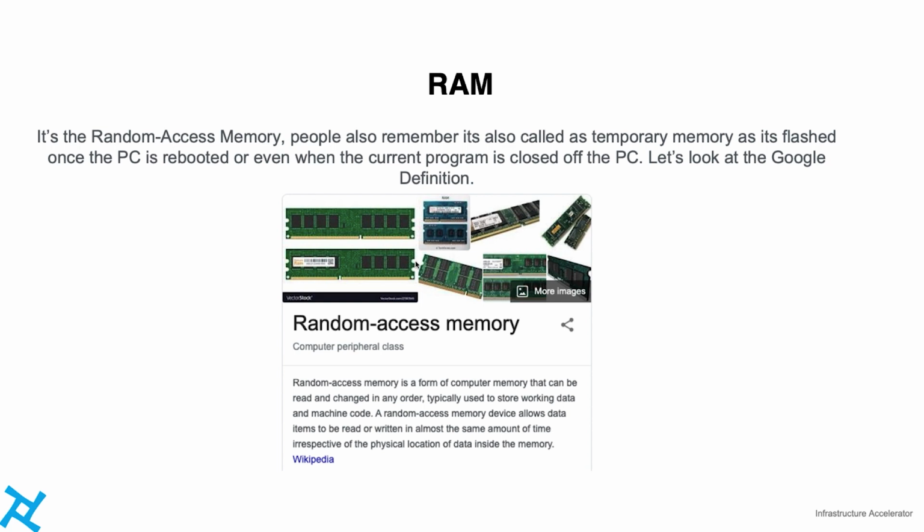So the last line, which is about how fast it can read and write data, that's because there is no disk inside a random access memory. This is all chip-based memory. So despite the fact of where physically the data is located on the random access memory, it can still read it very fast. This comparison is actually in comparison to a physical SATA hard drive.